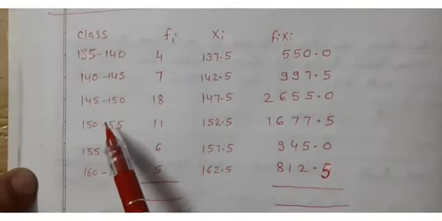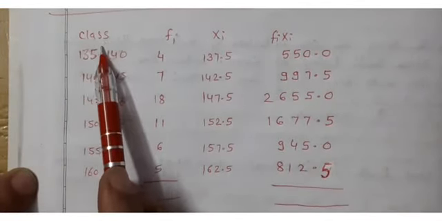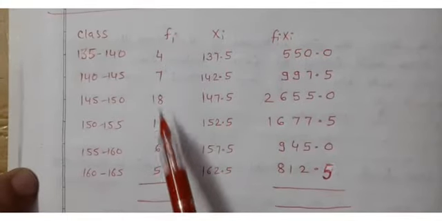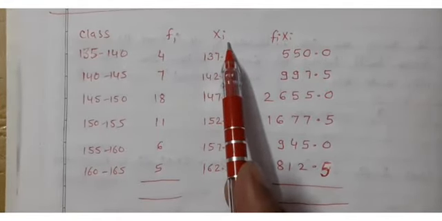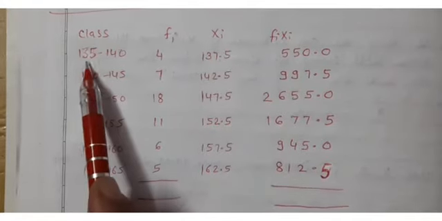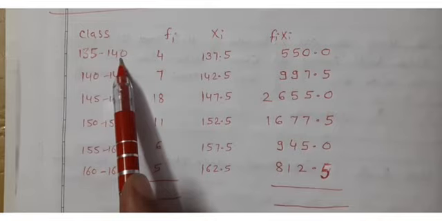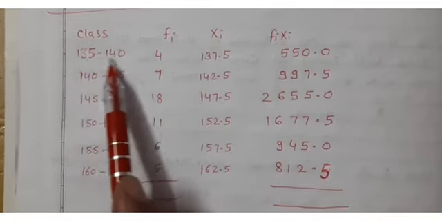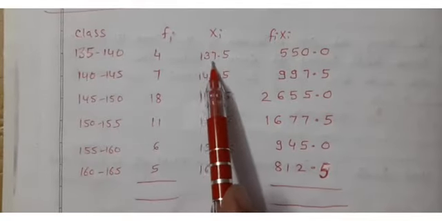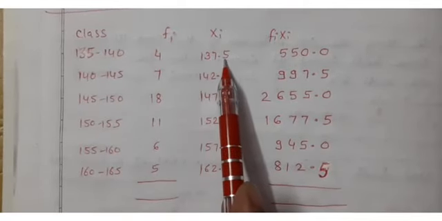In the same question we have to find the mean also. Class we got, frequency we got, xi is called the mid value, we can say class mark also. 135 plus 140 upon 2 is the mid value of the class. This is 137.5.